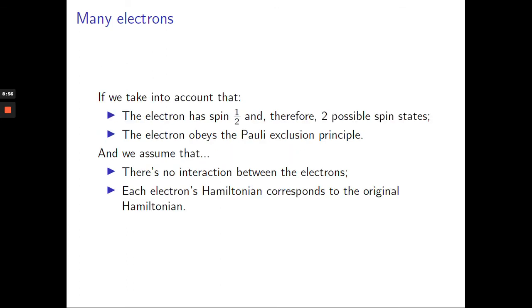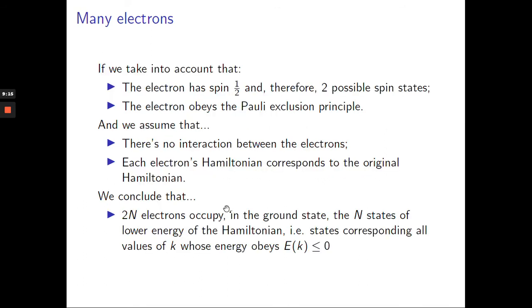And now we assume that there is no interaction between electrons, and each one of them will be subjected to the original Hamiltonian. In the original Hamiltonian, as we saw, we had two capital N different eigenstates.